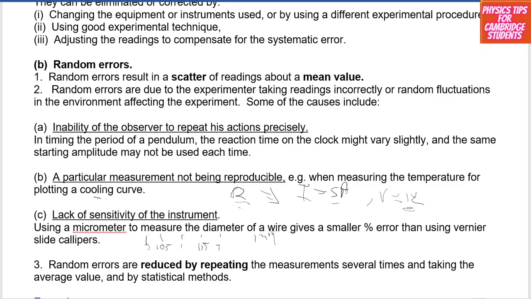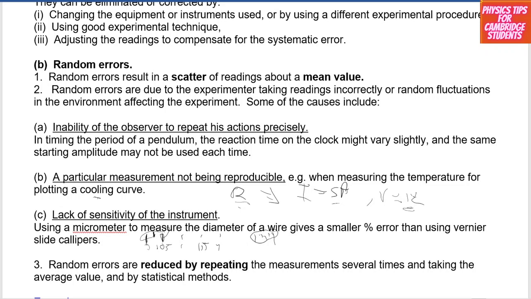So you see this is more sensitive than that one. So you tend to estimate a value that is between 0 and 0.5. So you will not estimate with accuracy. At times you tend to say a value there is 0.2 and someone says 0.3. So then you tend to have a random error there.